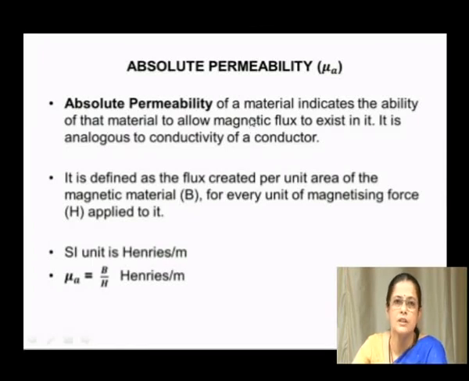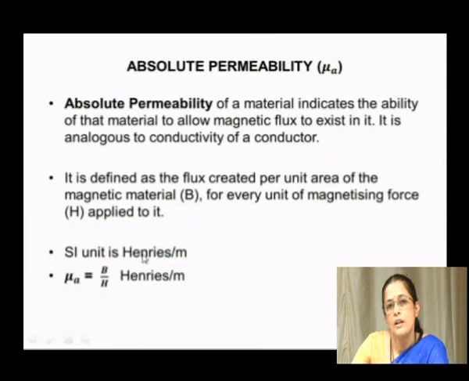Now, coming to the definition, it is defined as the flux created per unit area of the magnetic material. So, for every unit area of the magnetic material, for every unit of magnetizing force H that is applied to it, what is the flux created? This parameter varies from material to material.